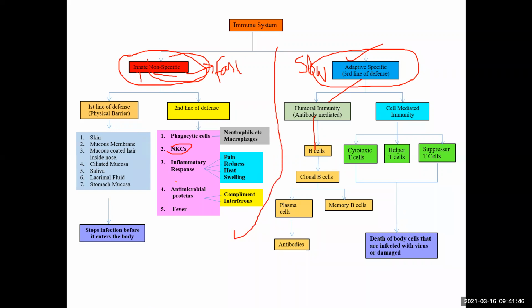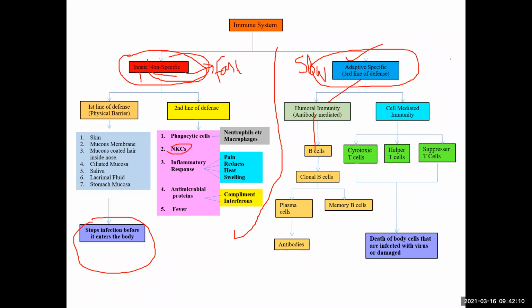It basically stops the microorganisms before they finally enter our blood. That is its main aim. And why is it called non-specific? Because it does not start a response to a particular bacteria or a particular virus. It's more generalized.